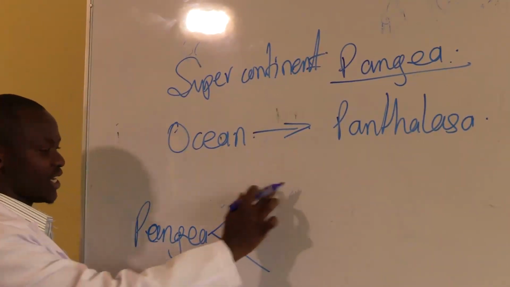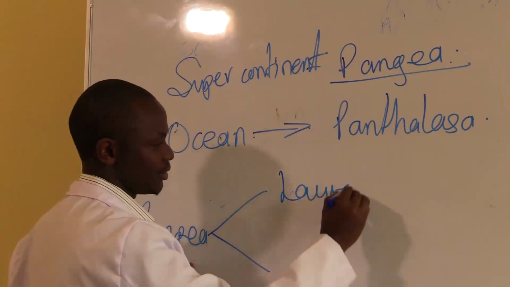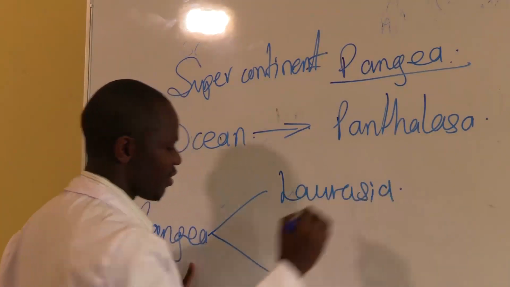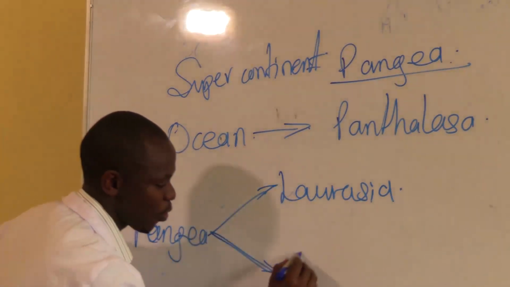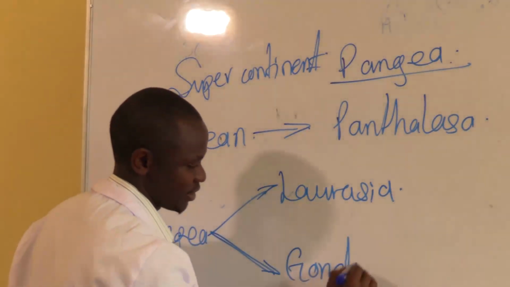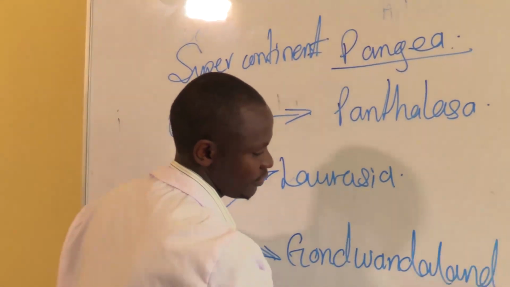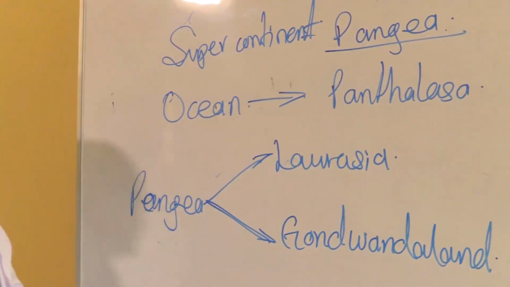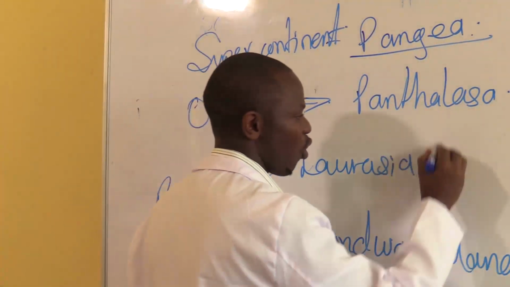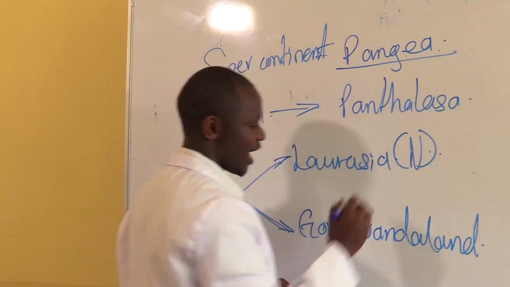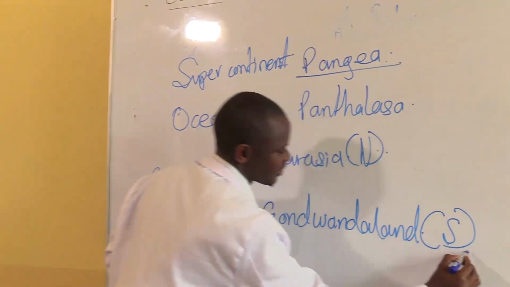One which drifted towards the north was called the Laurasia, and the one which drifted towards the south was called the Gondwanaland. Pangaea broke up into two. The Laurasia drifted towards the north, and the Gondwanaland drifted towards the south.